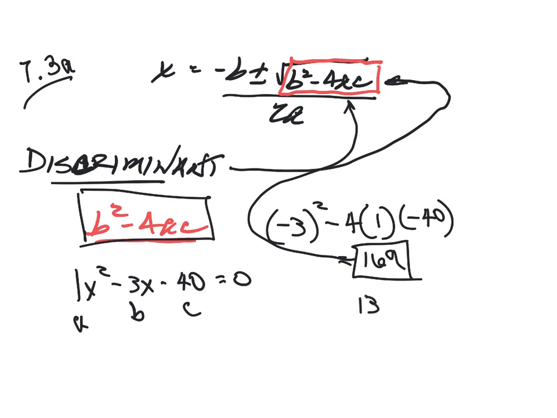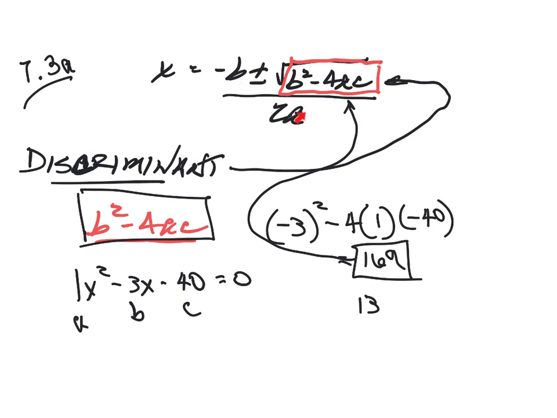So it doesn't matter what this is, plus or minus 13 over 2 times, in this case 1. Doesn't matter how all this works together. All we know is the square root sign disappears, which means that we get 2 answers because of this plus or minus sign, so negative b plus 13, or negative b minus the 13 over 2 times 1.